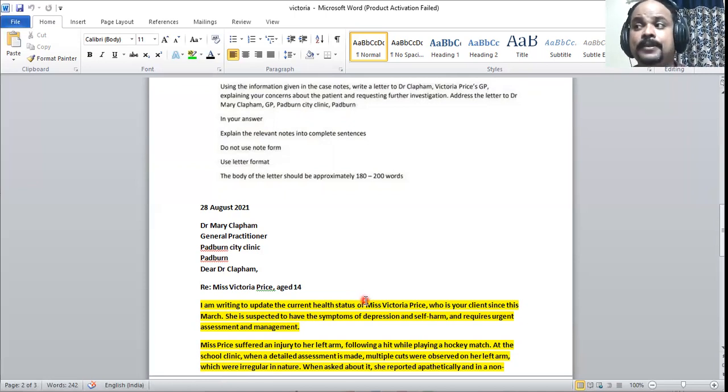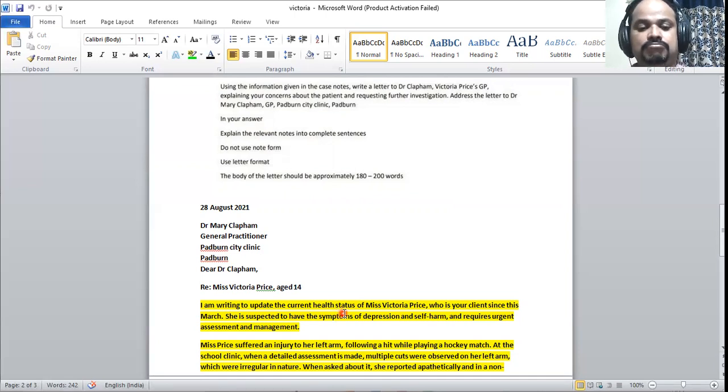Since then, all the facilities should be given to Miss Victoria. Social worker is there, GP is there, other facilities are also there. So since then, you are taking care of Miss Victoria. So I am writing this letter to update her current health status.